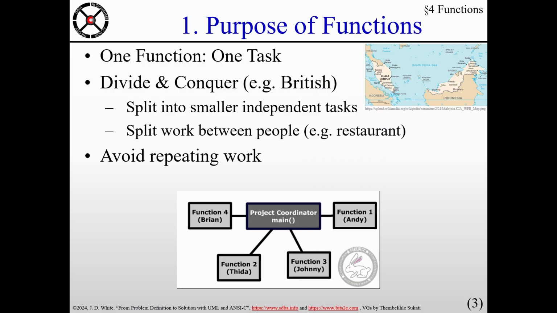This is a British idea in which you try to split up. Okay, for example, let's look at Malaysia as an example of using divide and conquer in real life. When the British took over Malaysia, they made a law.